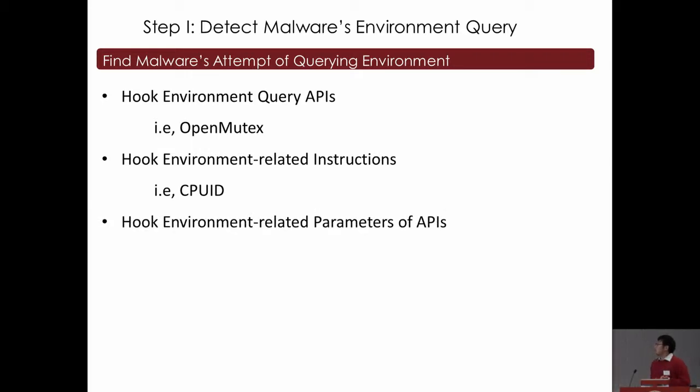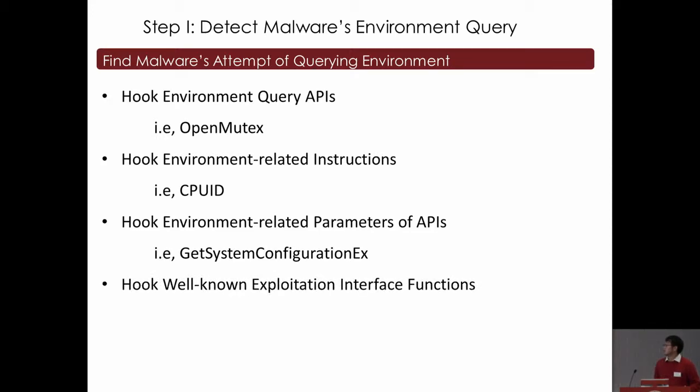Also, we find that there are a lot of environment-related parameters of different APIs. If you input these parameters, you can use the specific API to query environment information, like GetSystemConfigureEx. And also, there are a lot of well-known interface functions, like CoInitializeInstance.